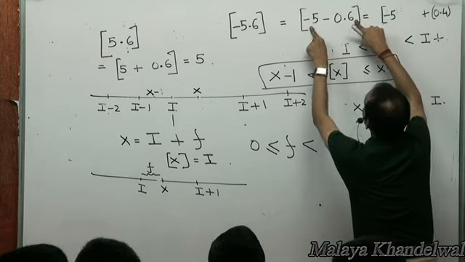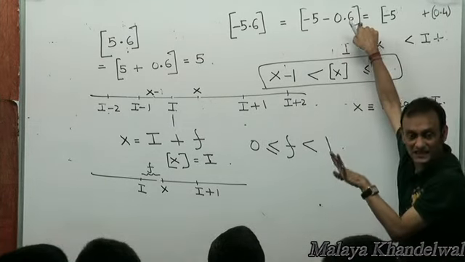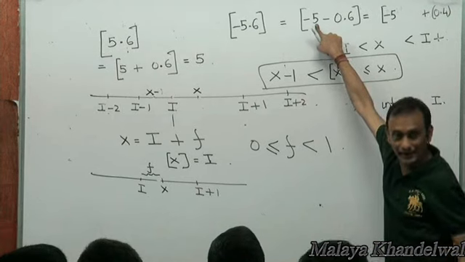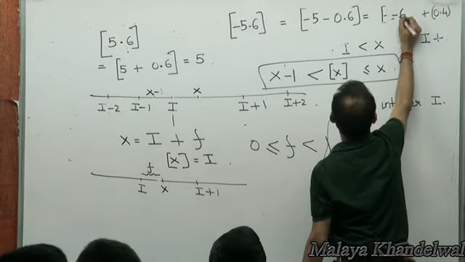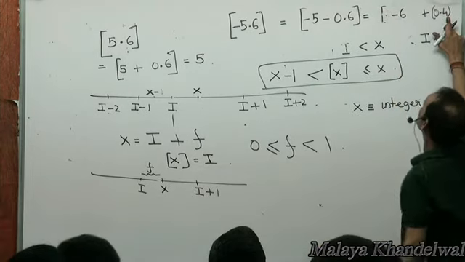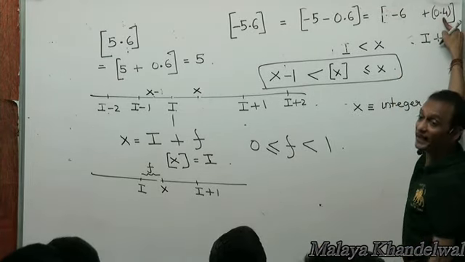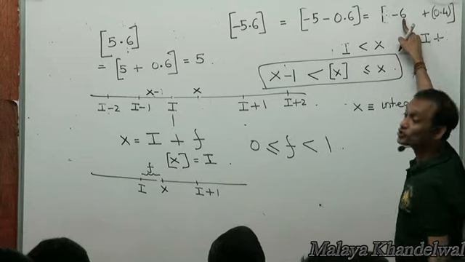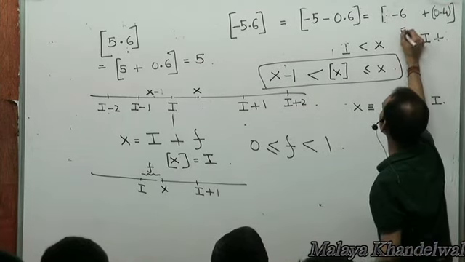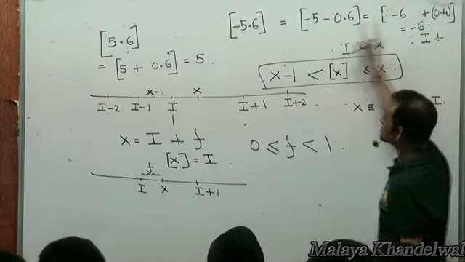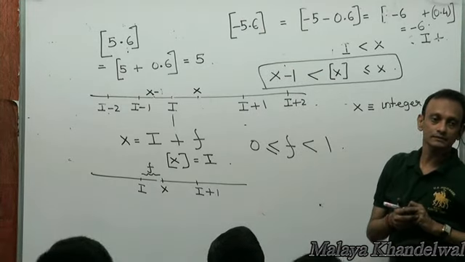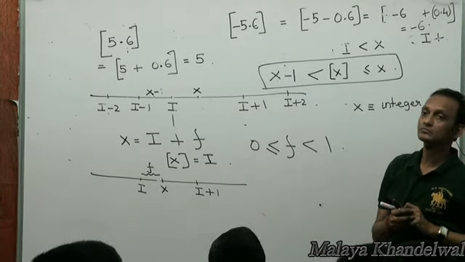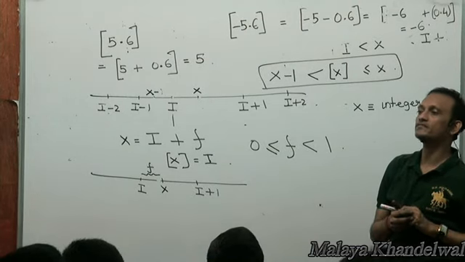But when you add 1 to this, you must subtract 1 so that the number retains its value. So, you subtract 1, this will become minus 6. Then now it is I plus f, where f lies between 0 and 1. The output of this operation would be minus 6. Which is the integer to the immediate left of minus 5.6. Yes or no? Are you all okay with this or not okay?